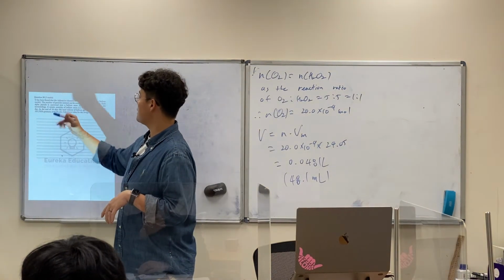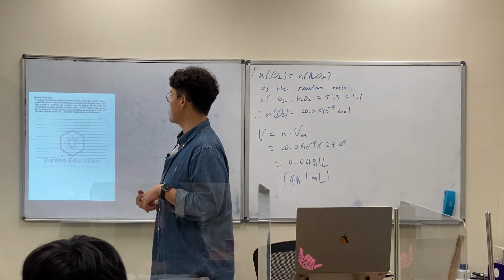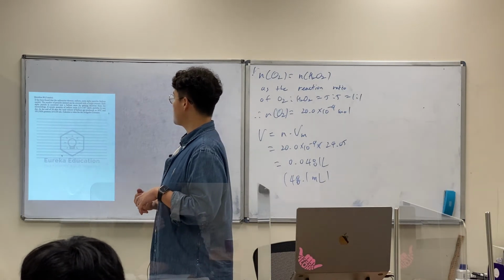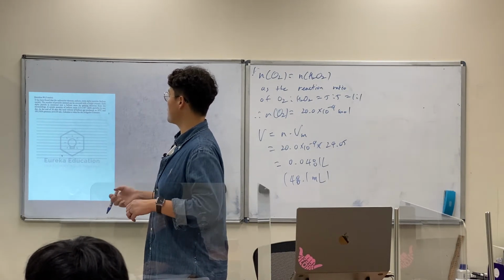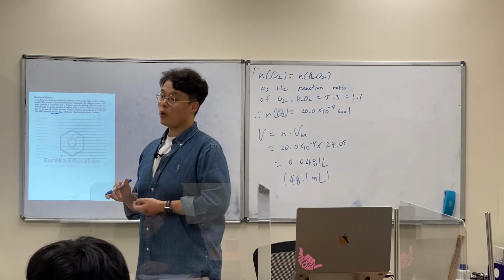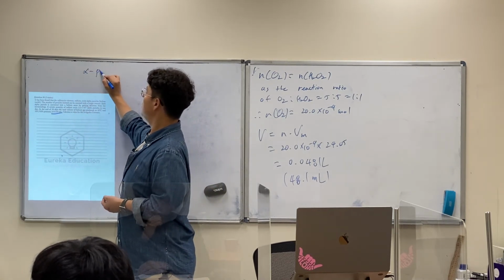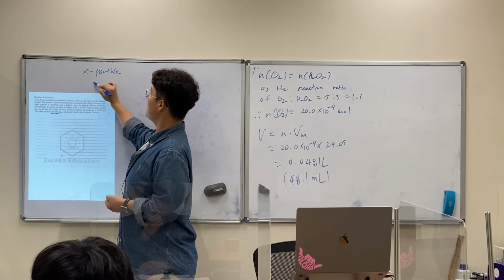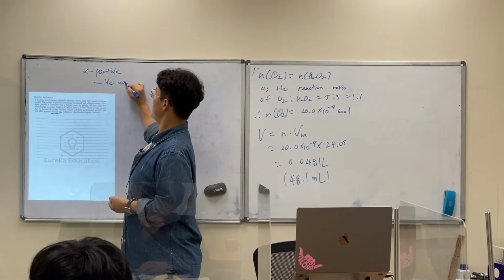At the end of 10 days, the total volume of the helium gas produced at 20 degrees Celsius and 101.3 kilopascal pressure is 0.135 milliliter. By the way, guys, alpha particle means the helium nucleus.